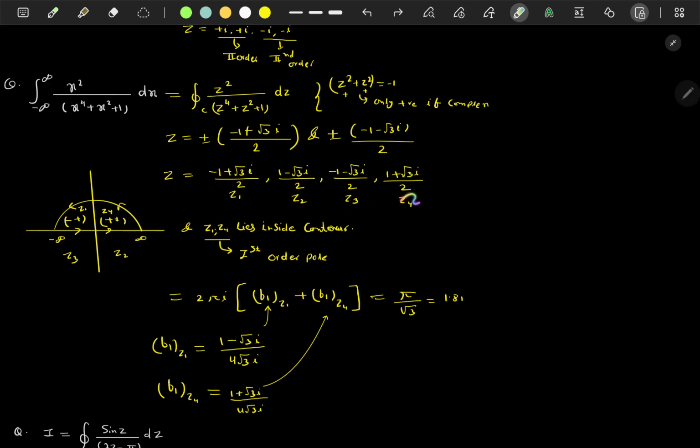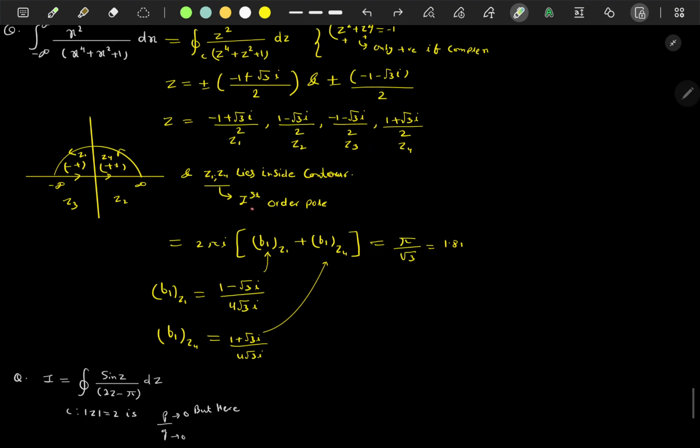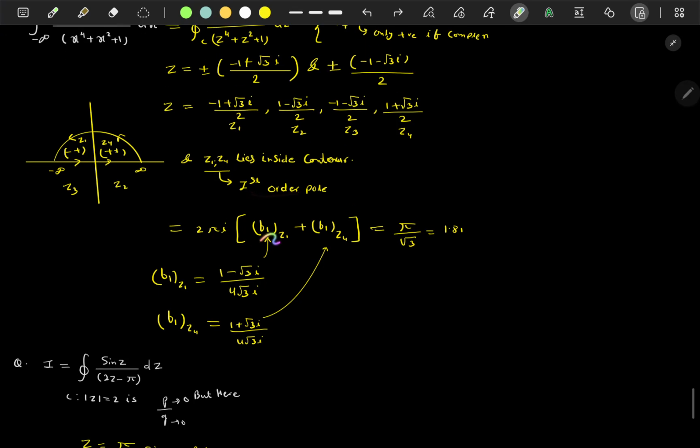So put z1, z2, z3, z4, and you will realize only z1 and z4 are lying inside the closed contour C. So these are the first order poles. So calculate their values of residues and put here and sum up, you will get the answer.